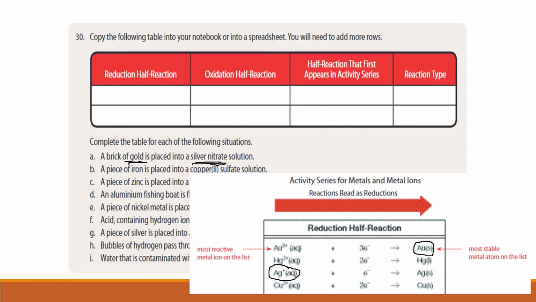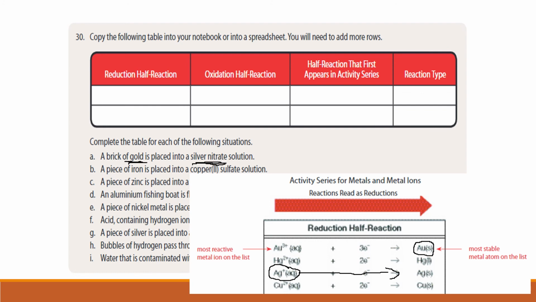If I want this reaction to go through, and I want my silver ion to go this direction, my reduction half reaction would just be that. I'm already given my silver.